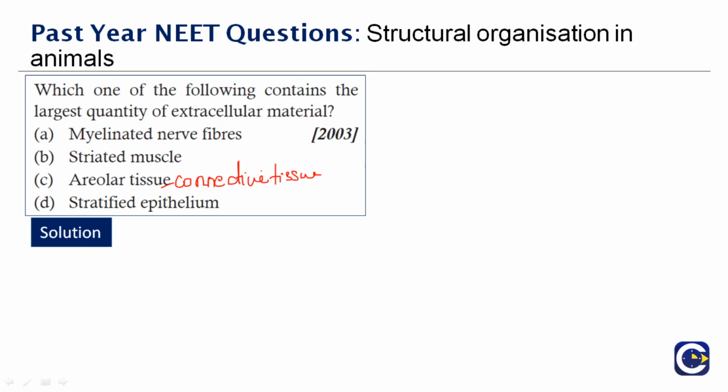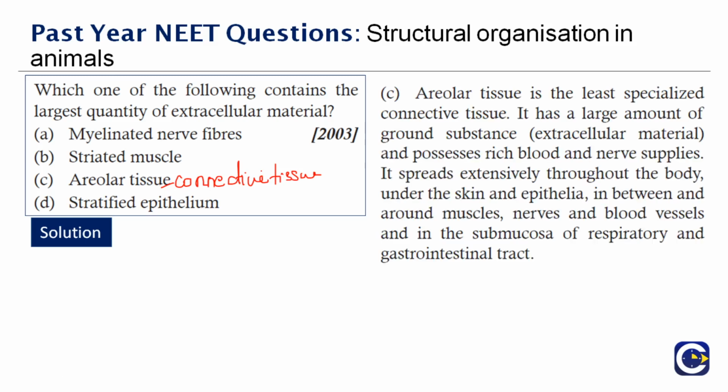And myelinated nerve fibers are associated with the nerve fibers alone. Therefore, the correct answer to this question is option C, areolar tissue. I've given a correct explanation for that. This is the least specialized connective tissue, and it is present in large amount. Therefore, the correct answer is option C, areolar tissue.